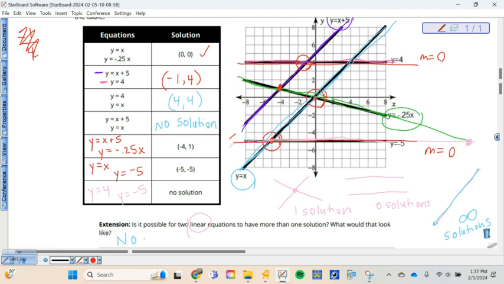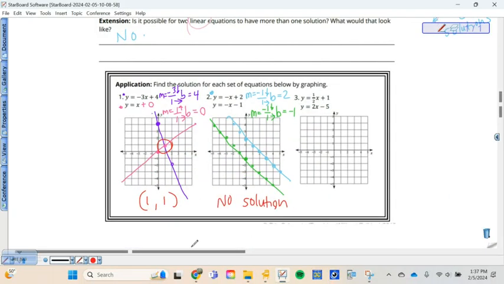What's the slope of this line? And what's the slope of this line? So parallel lines have the same slope. So when we have the same slope, they're parallel lines, they never intersect. There's going to be no solution.